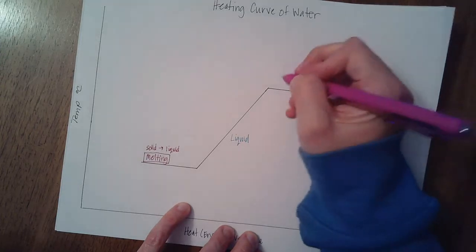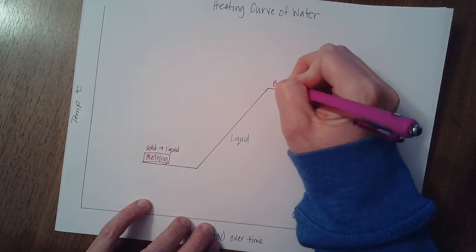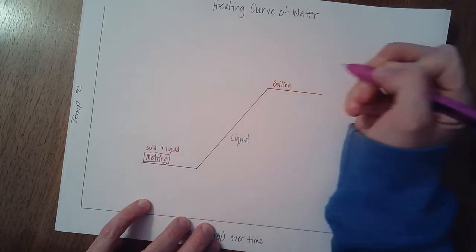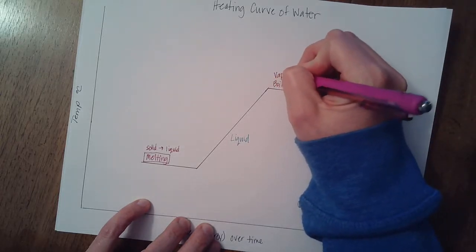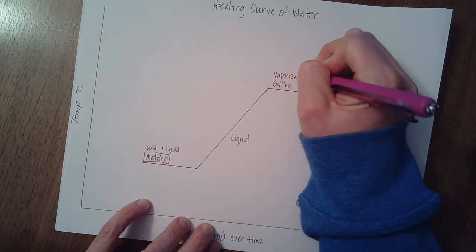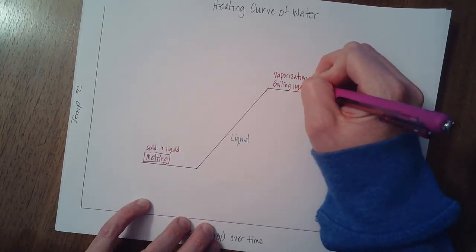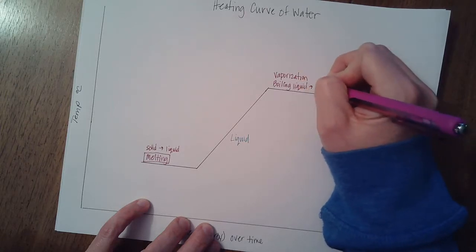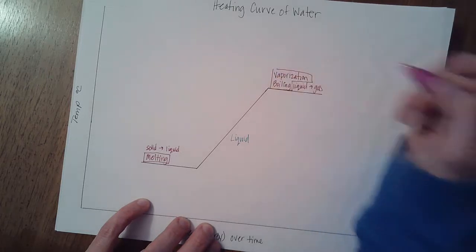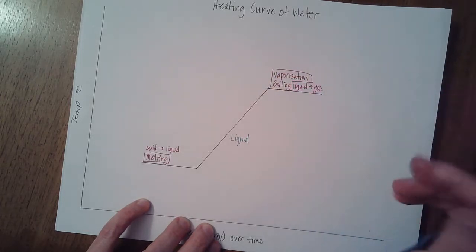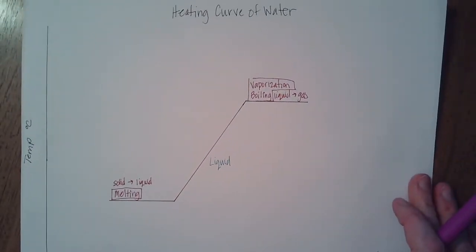And then here we have boiling, or chemists like to call it vaporization. And that is from a liquid to a gas. We'll use both, vaporization or boiling. And so that's what we had for our lab.